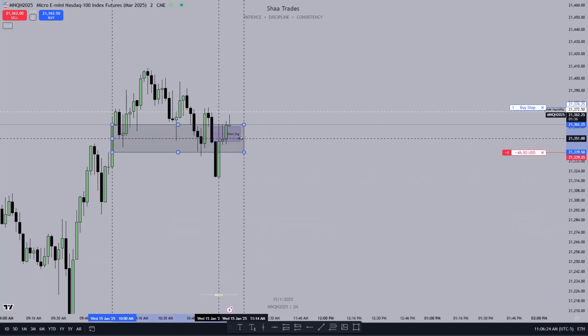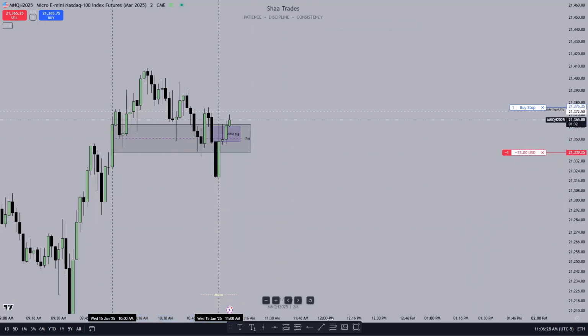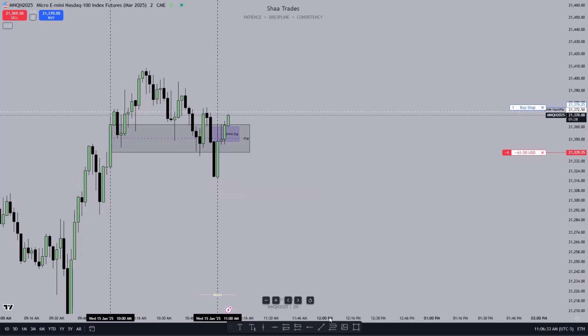Yeah, still moving around here. This price action playing with my feelings.